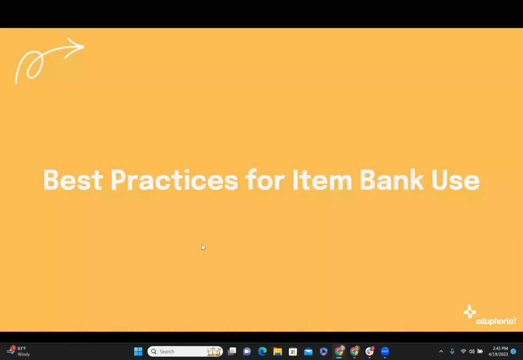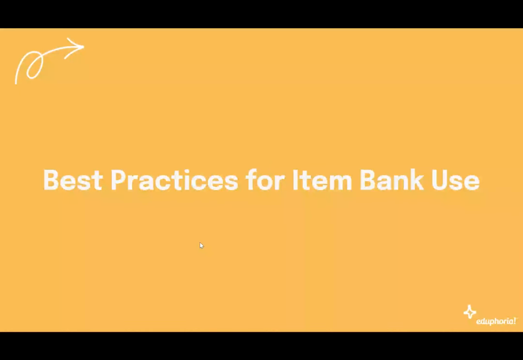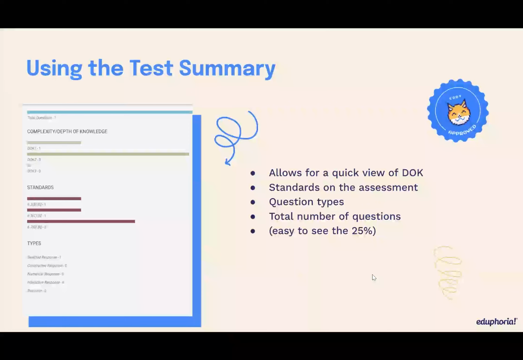So, some best practices for item bank use. We'll look into some of those. One of my favorite ones, when I started training around the state last year, I said, go look at the test summary. That is going to be your best indicator of a roadmap or a blueprint of your assessment, because you automatically get that depth and complexity.